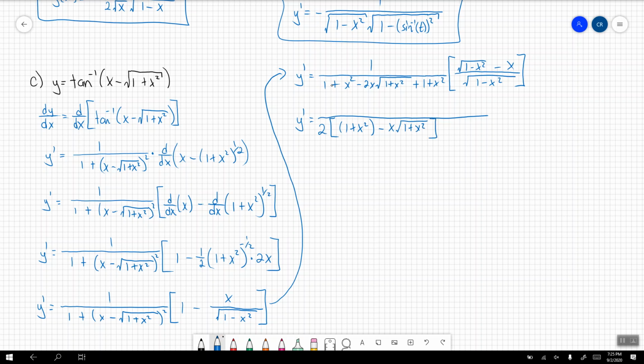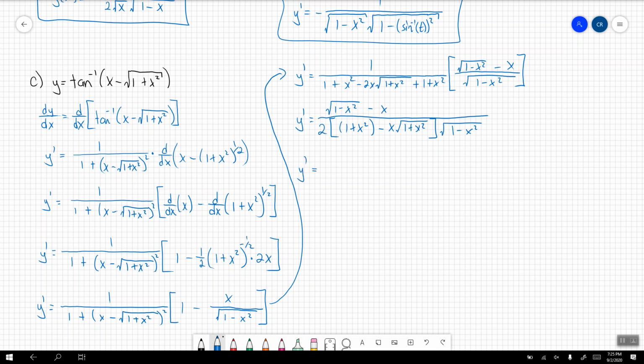That's all in this piece. Now my numerator turns out to be square root of 1 minus x squared minus x. And then denominator, I'm still multiplying by the square root of 1 minus x squared. Okay, that's not too bad. So let's keep going.